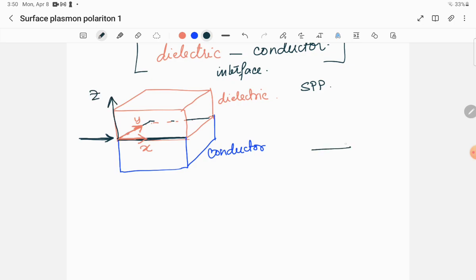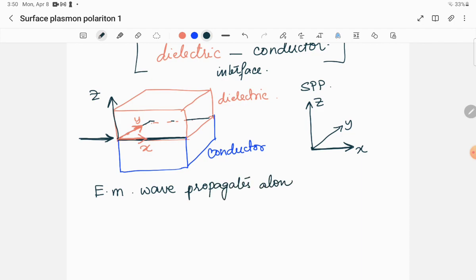So x and y form the plane of the interface, and z is normal to it. The beam is propagating along x, so x is the propagation direction of the electromagnetic wave.